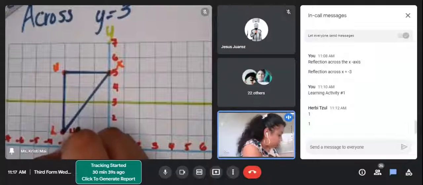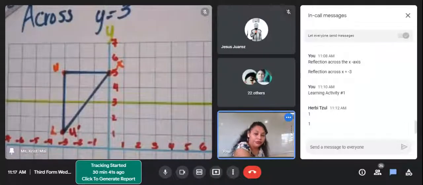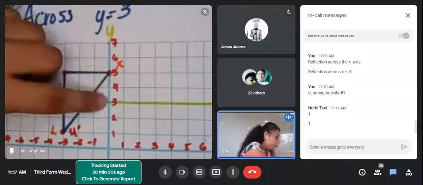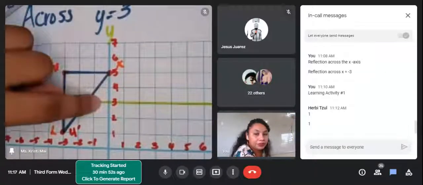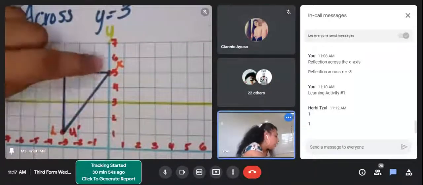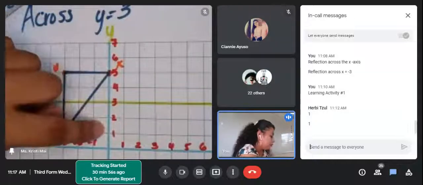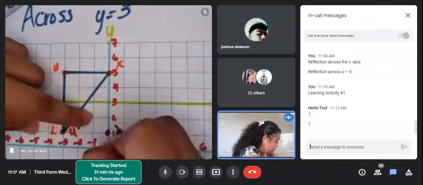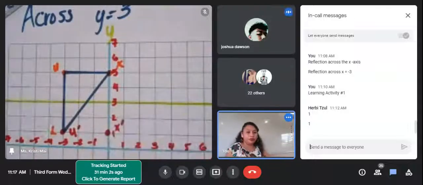So this is gonna be U1. X, how many spaces is X away from the reflective line? 2. So I'm gonna have 2 at the bottom as well. My point is gonna be here, and I'm gonna have X1.